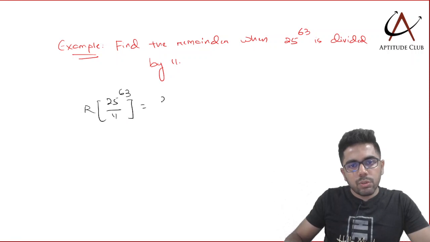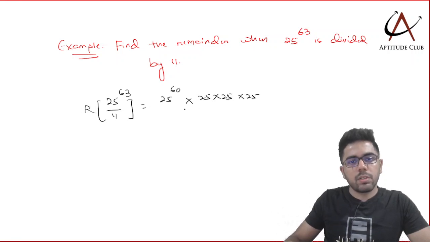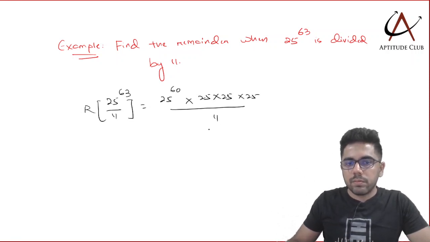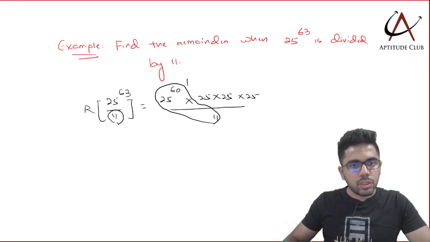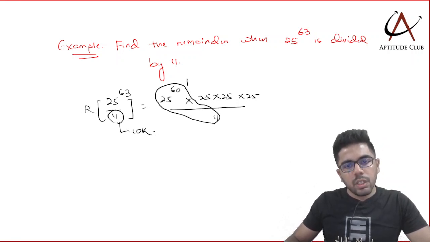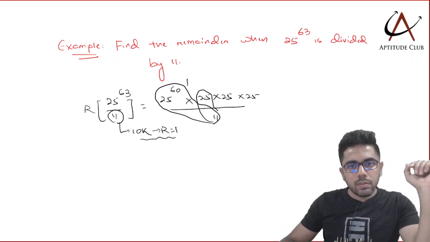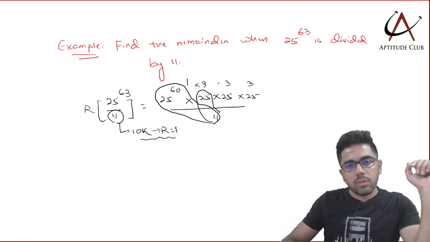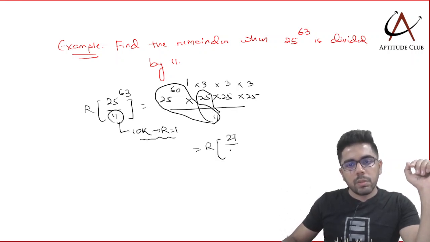So in what way should you split this? You will write it as 25 to the power 60 into 25 into 25 into 25, divided by 11. So 25 to the power 60 will have remainder 1 because the divisor is 11. If you have 10 or any multiple of 10 in the power, then the remainder is 1. And every time 25 is divided by 11, the remainder is 3, 3 and 3. So these multiply, and I get the remainder of 27 divided by 11.